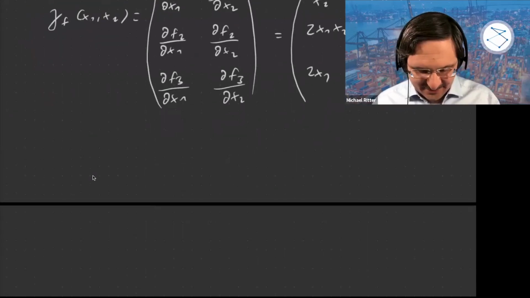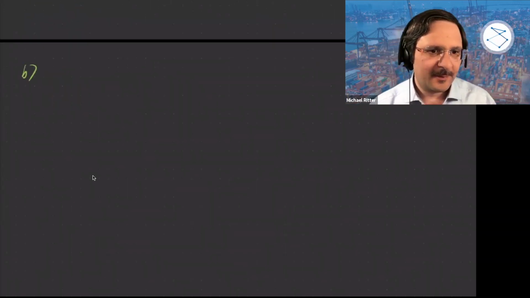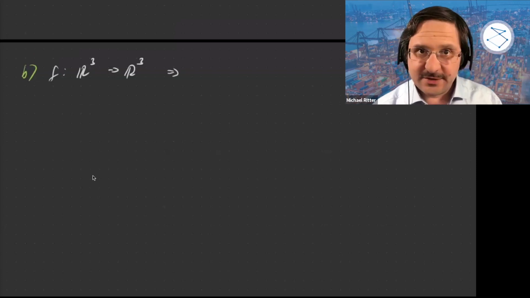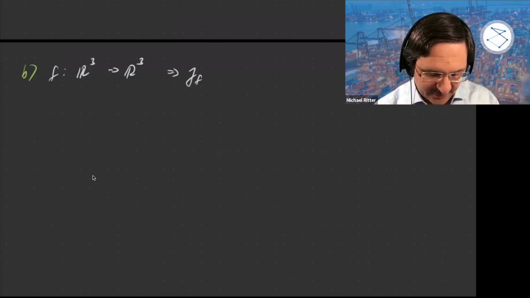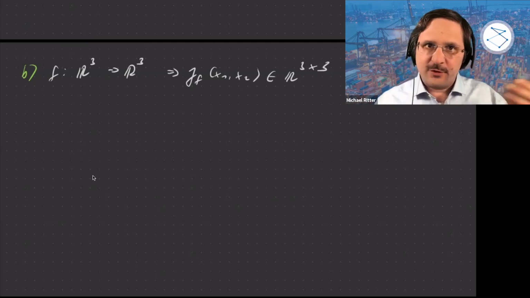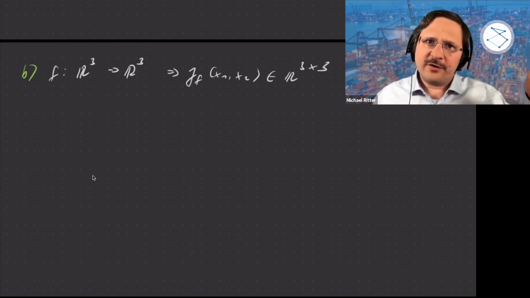Okay, then let's go right to the next one. That's part B. So in this case, we have a function that maps from R3 to R3, which means the Jacobian is going to be a 3x3 matrix now. Yeah, 3 input variables determine the columns, 3 output components determine the rows.